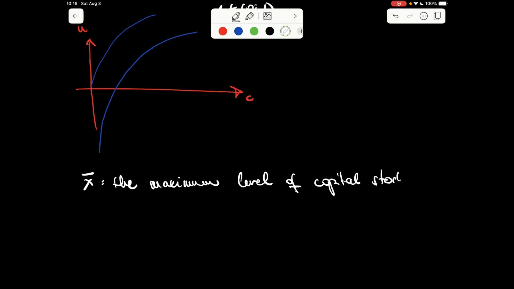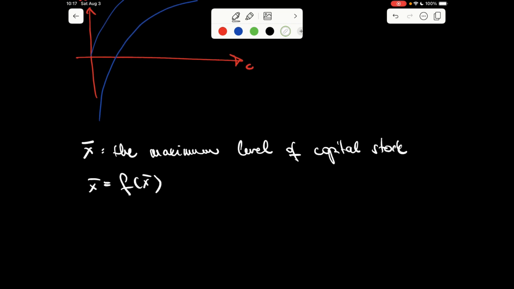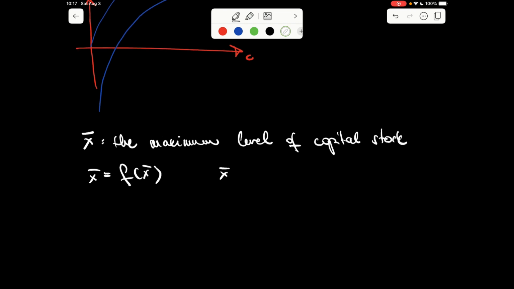This is the maximum level of sustainable capital stock. This is a fixed point. So if capital stock is at this maximum level, the economy can sustain this level of capital stock until infinity. So this is a fixed point, which is strictly positive.